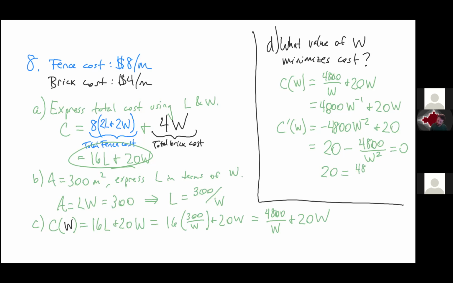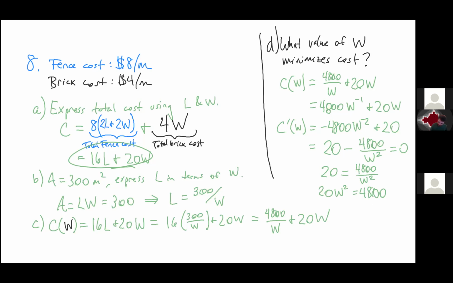We'll arrange our terms more nicely. So add the 4,800 over W squared to the other side, multiply by W squared, and just give myself a little more room. Divide by 20. And it's not a very nice thing to take a square root of.